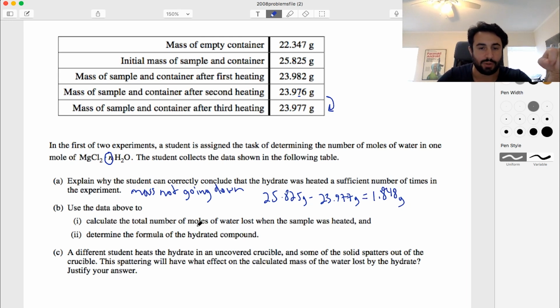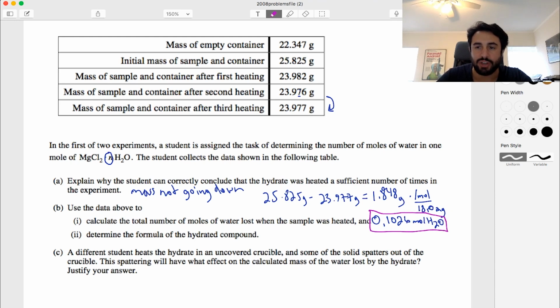It says the total number of moles of water. All we have to do is multiply by 1 mole over 18.02 grams. That's the molar mass of water. And we are going to get 0.1026 moles of water. So that is this one.